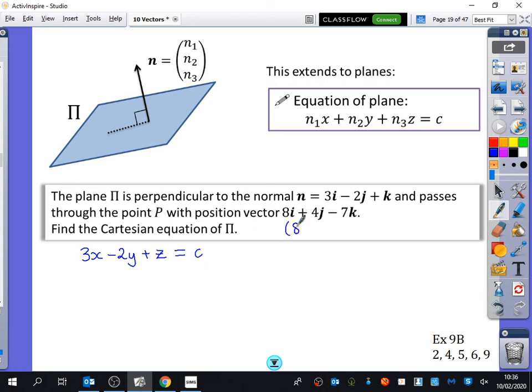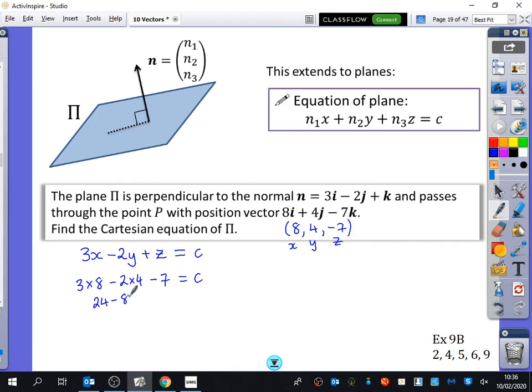And now we're going to say that this point is on the plane. So in other words, the point with position 8i, 4j, minus 7k has this coordinate, which is x, y, z. So if I substitute these in, I get 3 times 8 minus 2 times 4 plus minus 7 is equal to c.